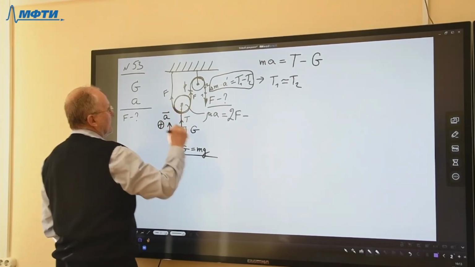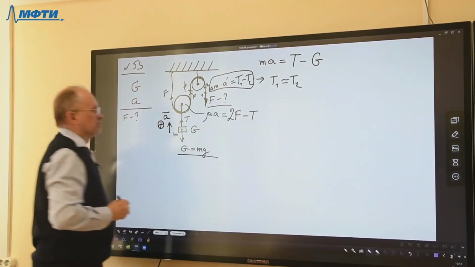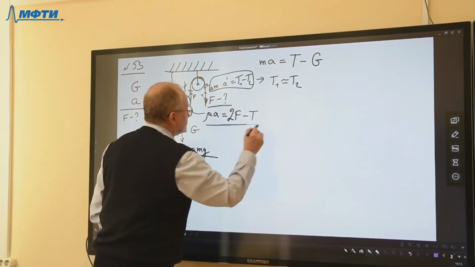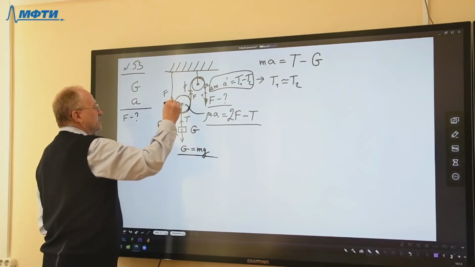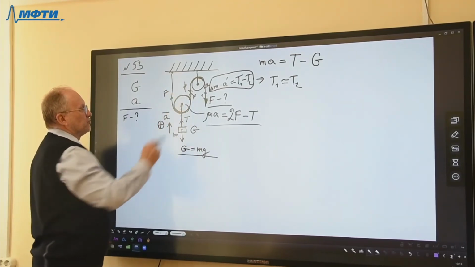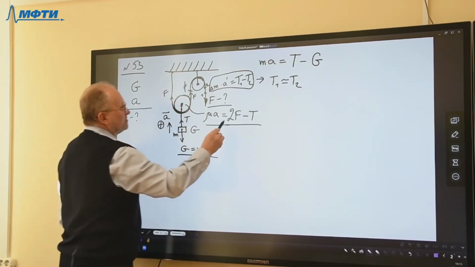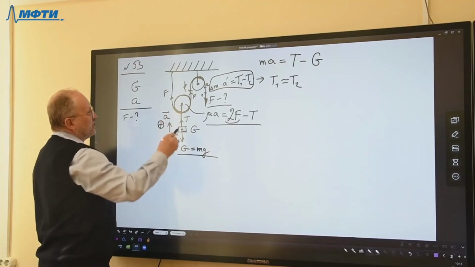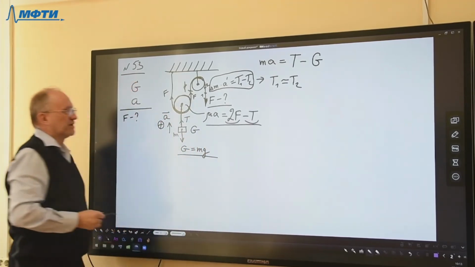That is Newton's second law as applied to the motion of the center of mass of this pulley. Two forces F acting upward, minus one force of string tension T acting downward.